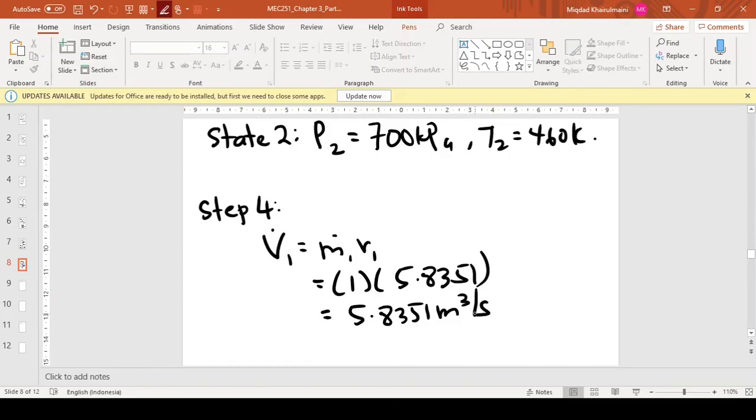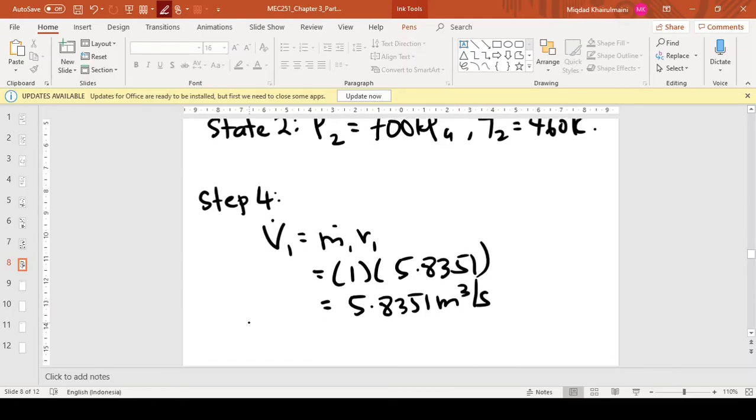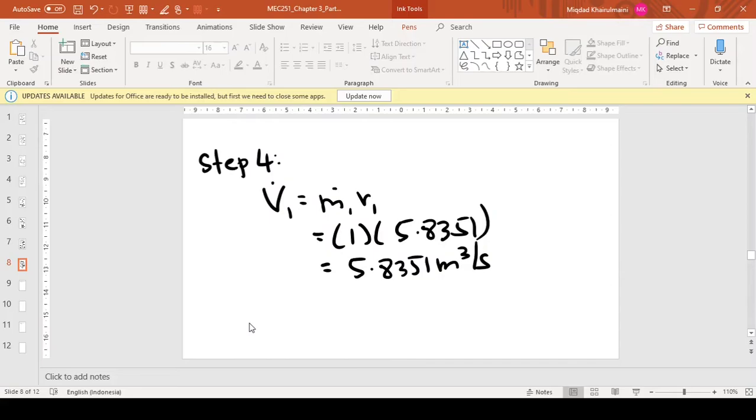Next is to calculate the work input. We have the equation from just now: work in equals Q out plus mass flow rate times Cp times T2 minus T1.